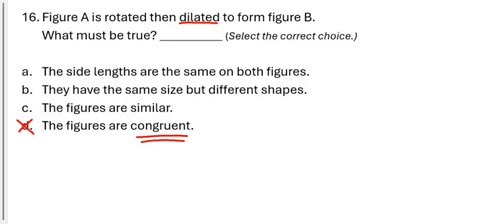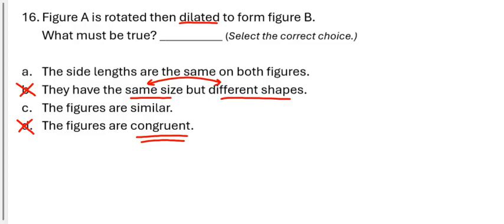That's a good option. They have the same size but different shapes. So that's actually in reverse. They're different sizes but have the same shape. So these two words here are actually switched, which is why B doesn't work.